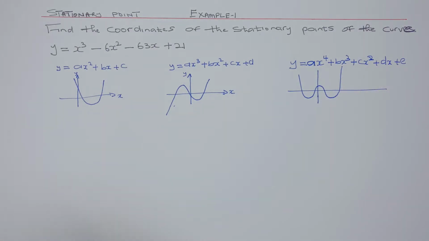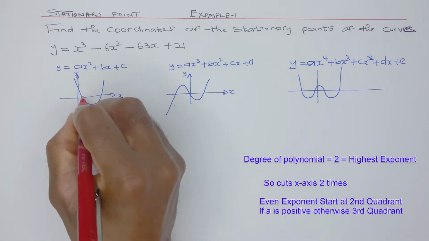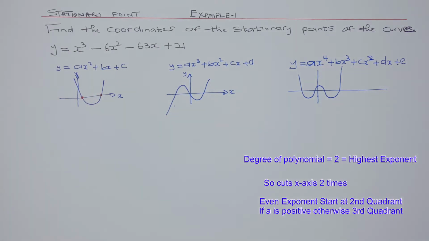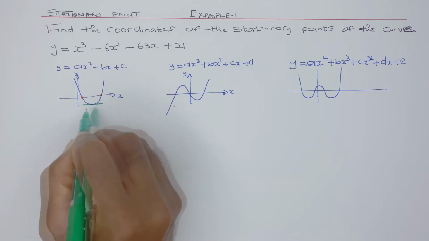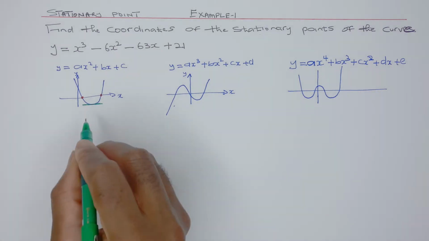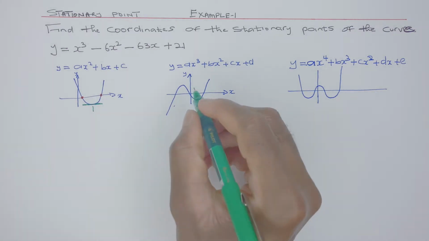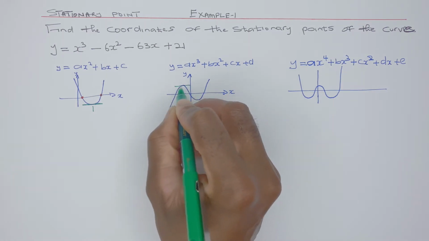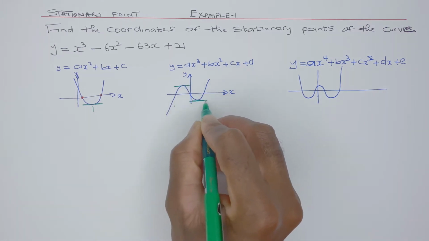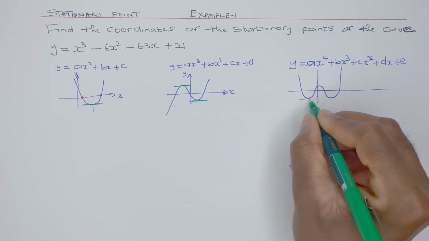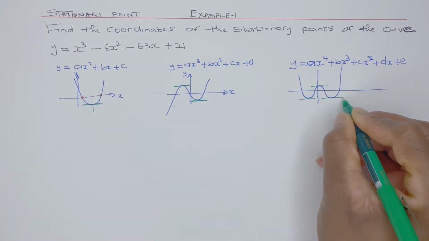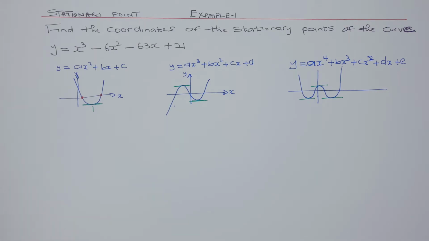A quadratic crosses the x-axis twice, and it's got one turning point or stationary value here. A cubic has 2 stationary points, and a quartic has 3 stationary points. So it's always good to remember that.